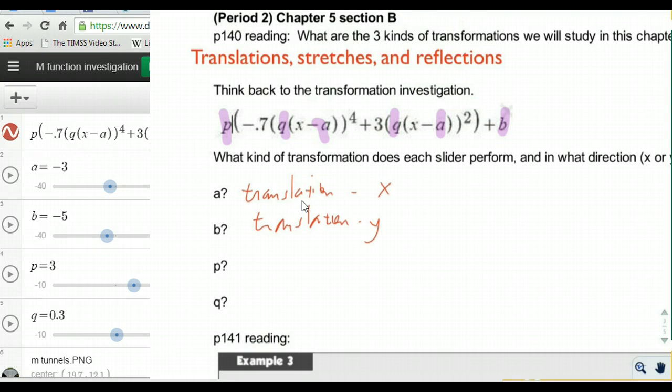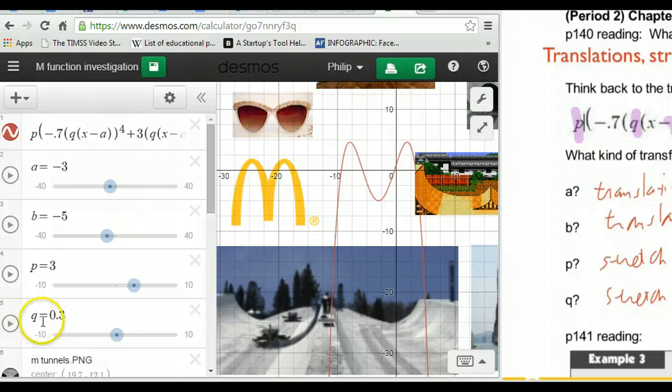The P slider is a stretch in the Y direction. And the Q slider is a stretch in the X direction. Remember Q was this one. So it's a stretch in the X direction.